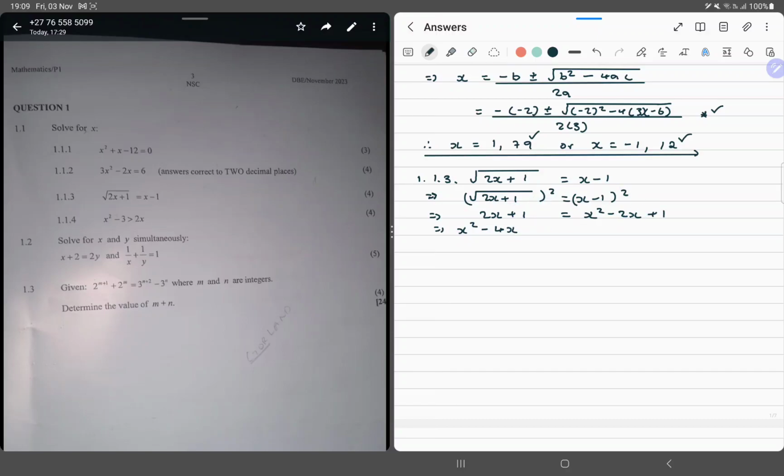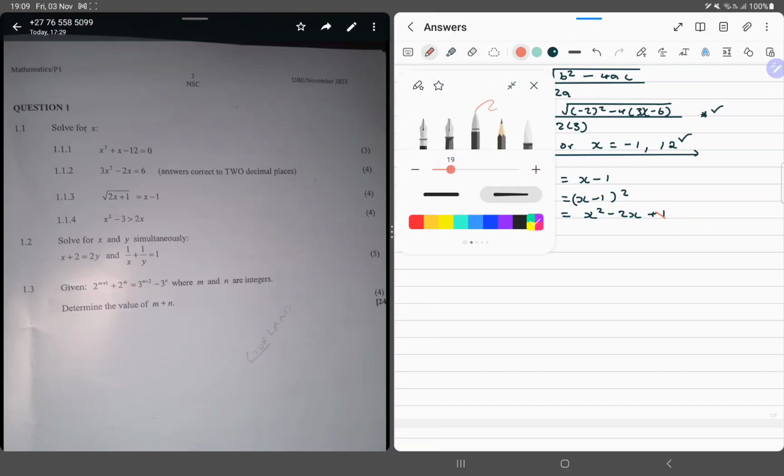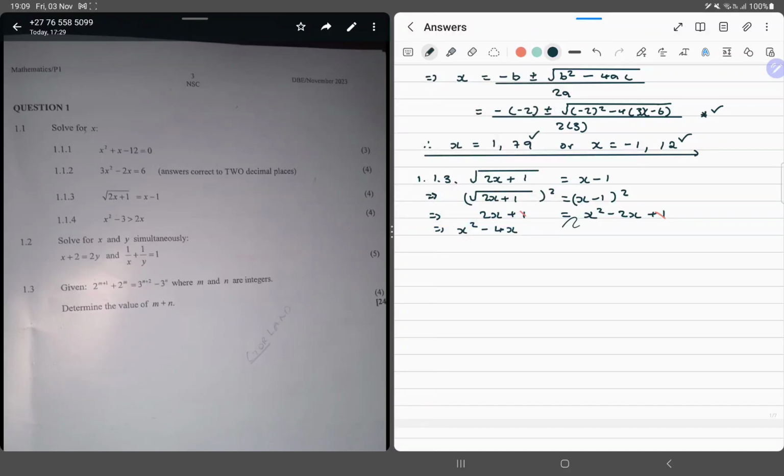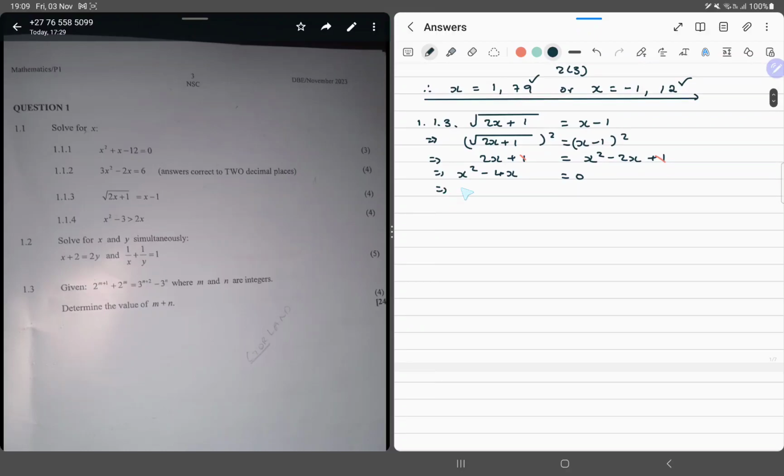Take 1 to the other side. Actually, these will already cancel because they are both the same sign on either side of the equation. So this is what we have. This means we can take out the highest common factor, which is x times x minus 4 is equal to 0. Therefore, x is 0 or x is 4.